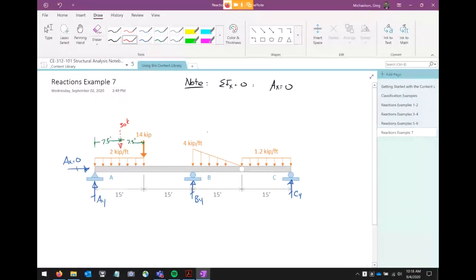All right, let's go to the triangular load. We have 4 kips per foot, linearly distributed over a distance of 15 feet. And so that makes this 30 kips. This is a triangular load, so this is 5 feet, this is 10 feet.